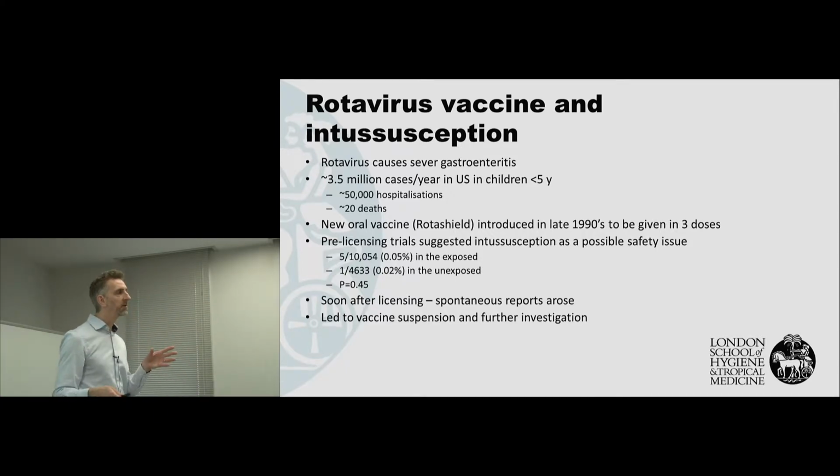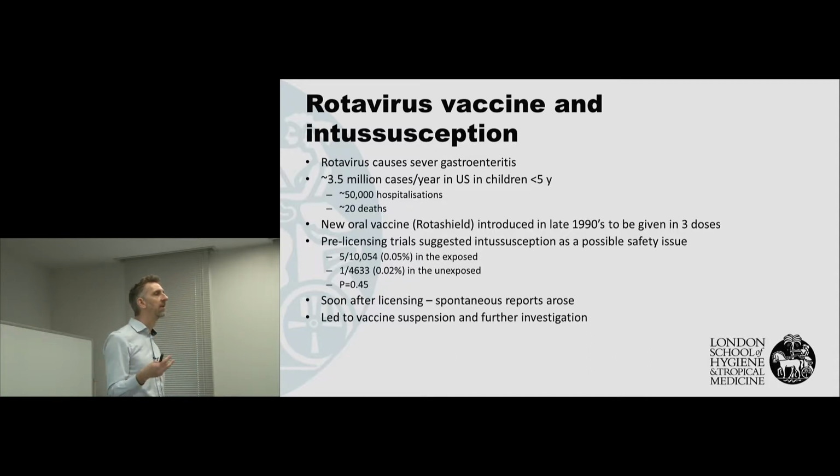In the trials, the incidence of intussusception was 0.05% in the exposed and 0.02% in the unexposed. But because these are trials, and even though they'd got 15,000 people in the trials, this wasn't statistically significant.